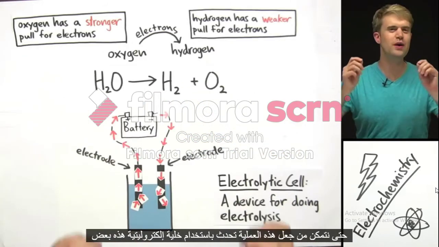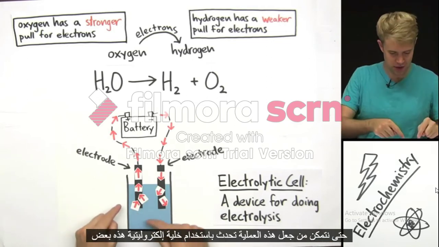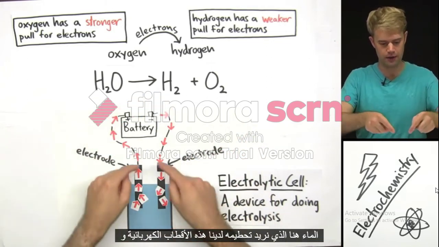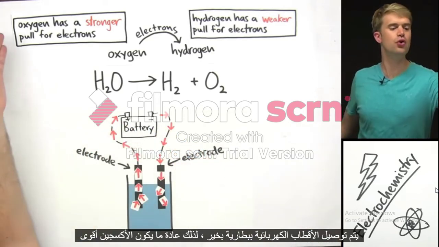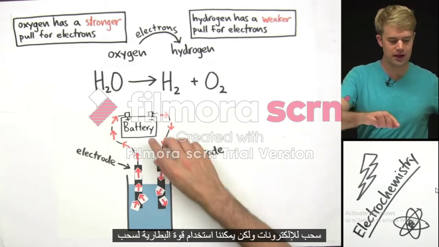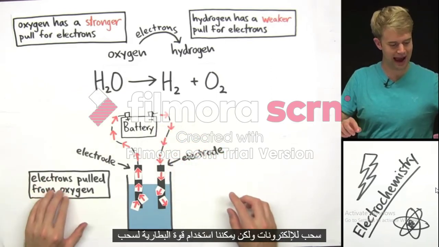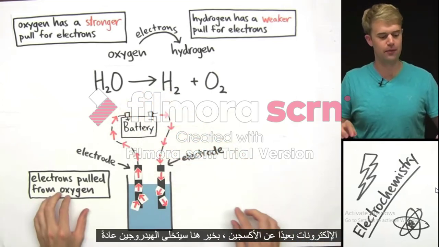Here's how. We can make this process happen by using an electrolytic cell. This is some water here that we want to break down. We've got these electrodes, and the electrodes are connected to a battery. Normally oxygen has a stronger pull for electrons, but we can use the strength of the battery to pull electrons away from oxygen.